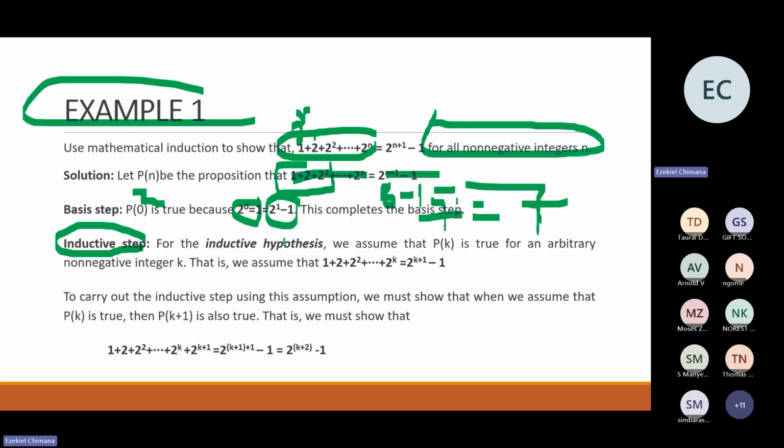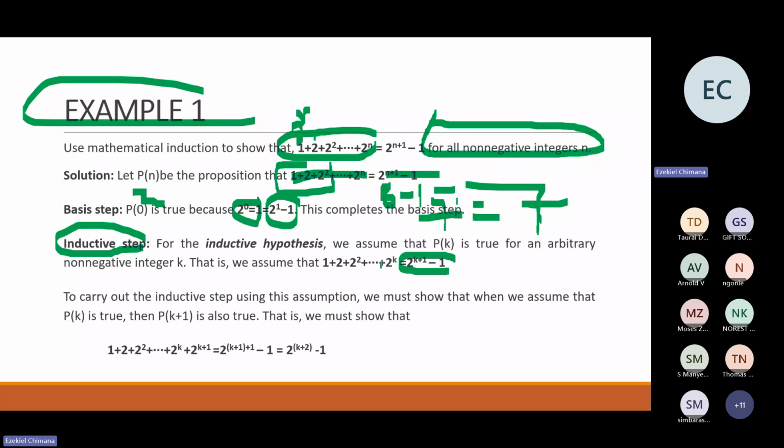So for the inductive hypothesis, we assume that P of K is true for an arbitrary non-negative integer K. That is, we assume that 1 plus 2 plus 2 squared plus up to 2 to the power K will always equal 2 to the power K plus 1 minus 1. So we have the inductive hypothesis.